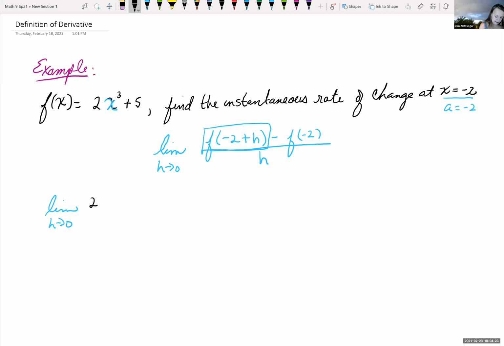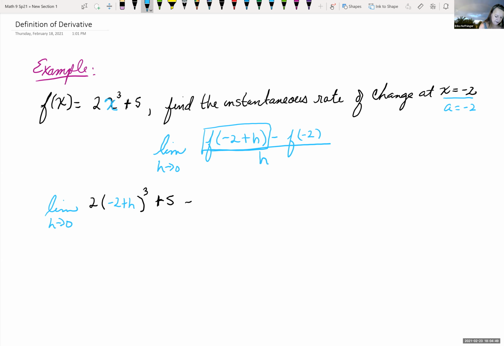I see an x here, so let's just put parentheses for now and we'll go back in. Enough room to plug in that whole expression, -2 plus h, cube it, plus 5. And then we have minus f of -2.